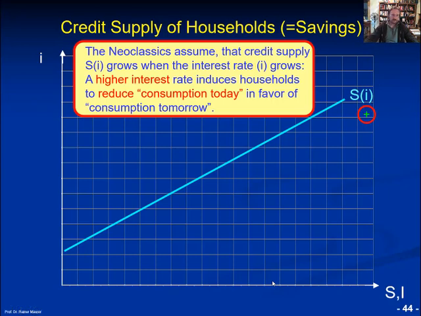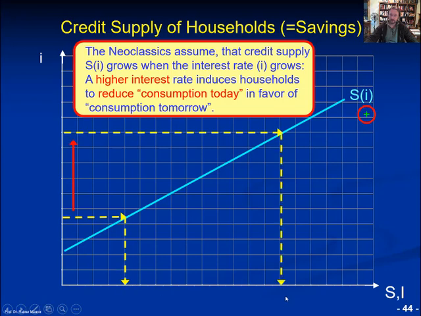The neoclassics assume that credit supply by households grows when the interest rate gets larger. For example, if the interest rate grows from this level to this level, then savings will grow from this level to this level.